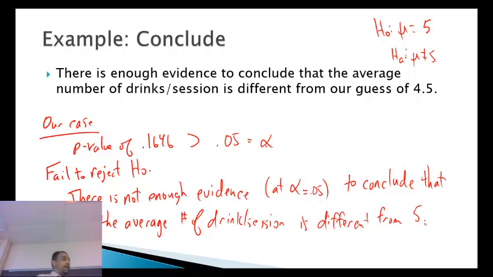Okay, so we're being technical here, doing a little bit of statistical doublespeak, if you will. There is not enough evidence to conclude that it's different. From a practical layman's perspective, we're pretty much saying the average is probably right around 5. If there's not enough evidence to say it's different from 5, then guess what? It's more or less in the ballpark of 5.